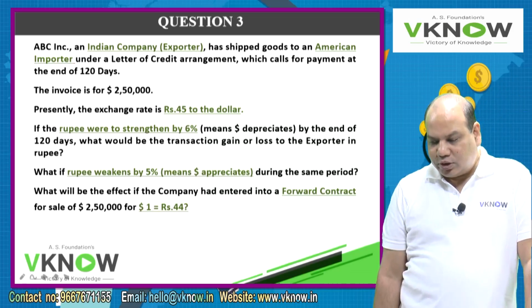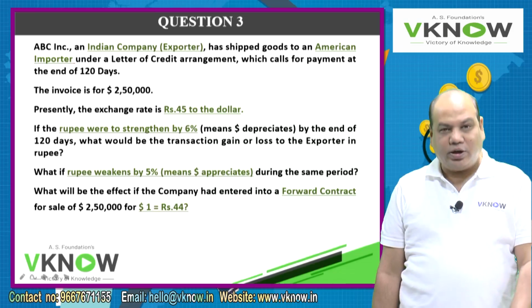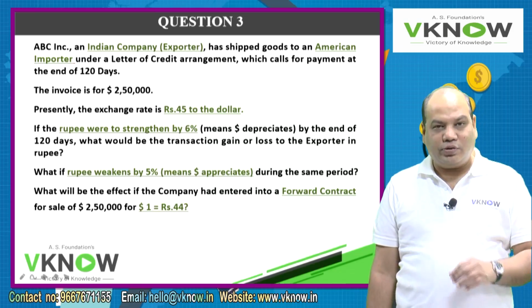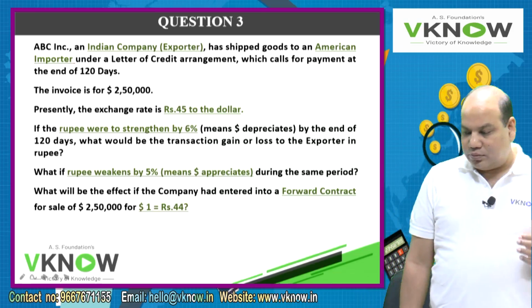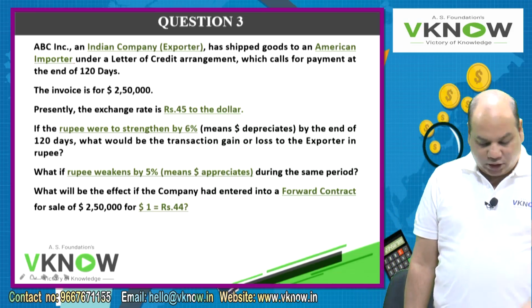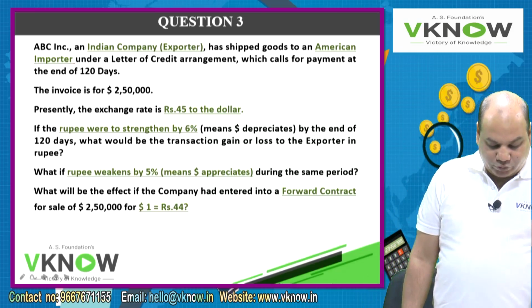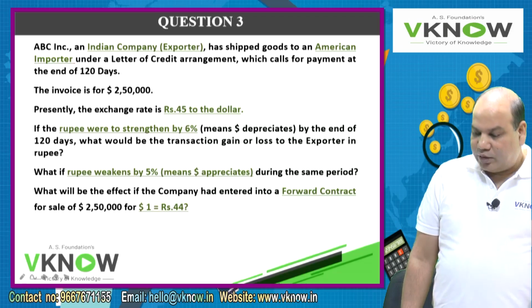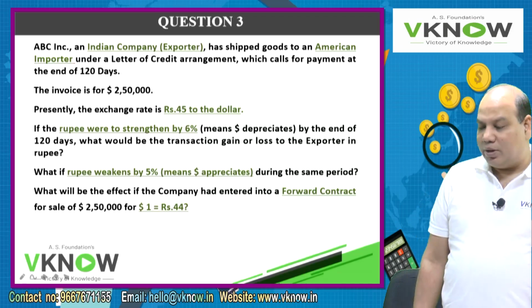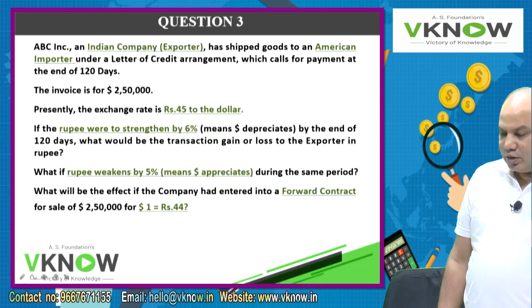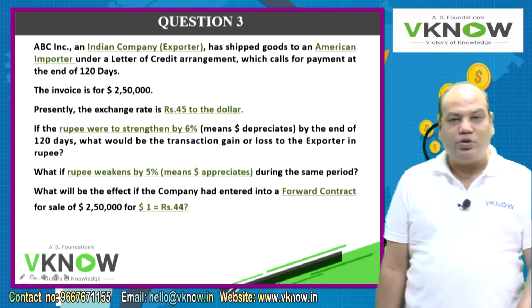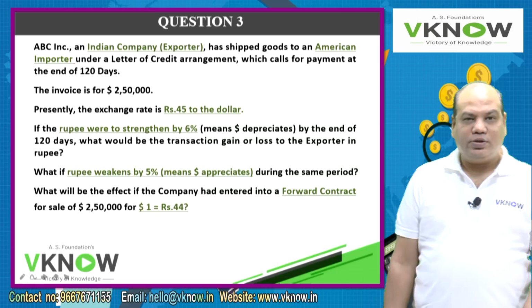Who is the exporter? Indian company. In bracket write down exporter for your understanding, and the American company is the importer. Payment will be received from the American importer after 120 days. Invoice amount is US dollar 2,50,000.